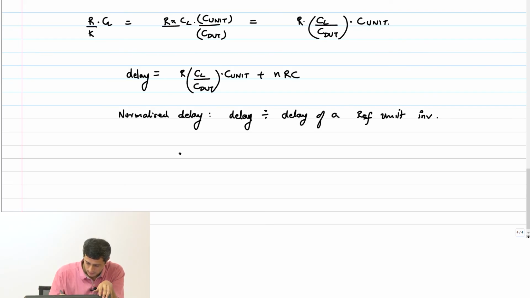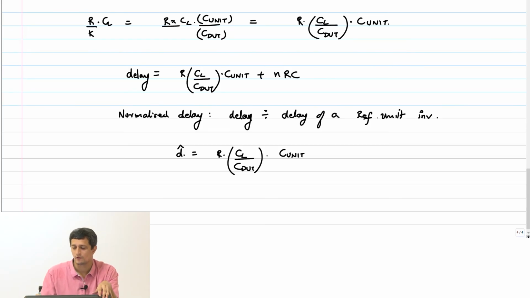Okay, so D hat, the normalized delay, is R into CL by C unit. And what is the delay of a reference unit inverter which is driving no load?